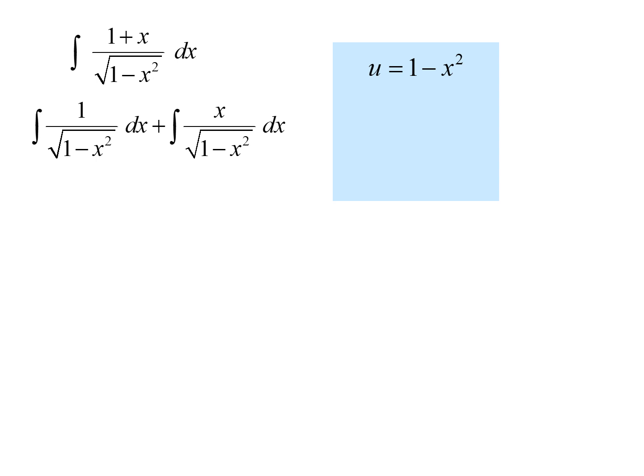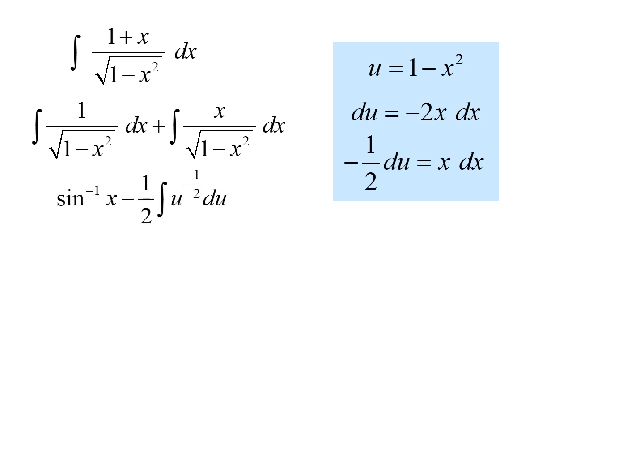Dealing with the one on the right, we can let u equal 1 minus x squared, so du is negative 2x dx, or negative 1/2 du is x dx. The left side we can figure out directly, that's the derivative of inverse sine. Take the antiderivative on the right-hand side, and substitute u back in, and now we can go ahead and put all of our limits back on.